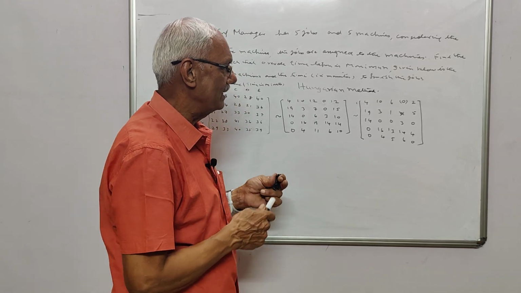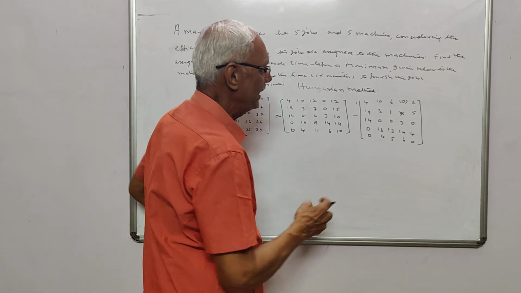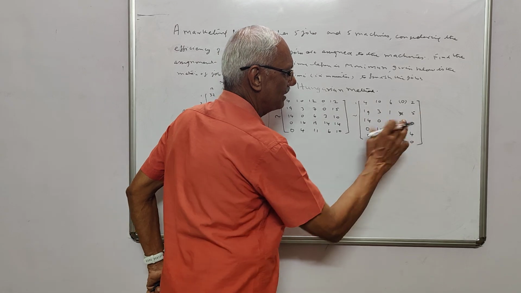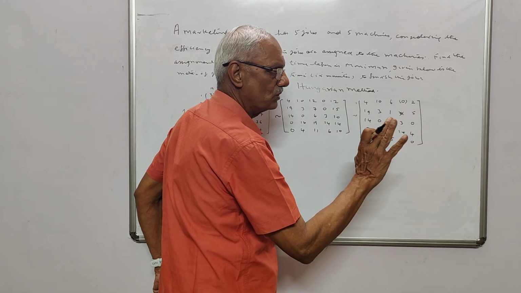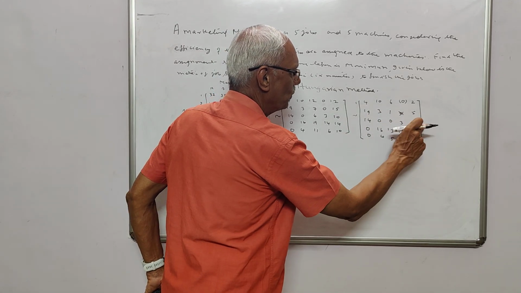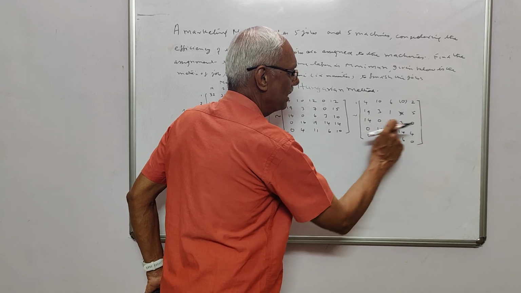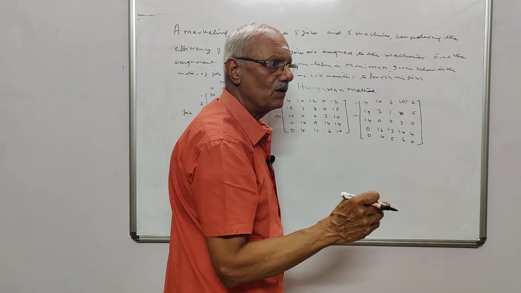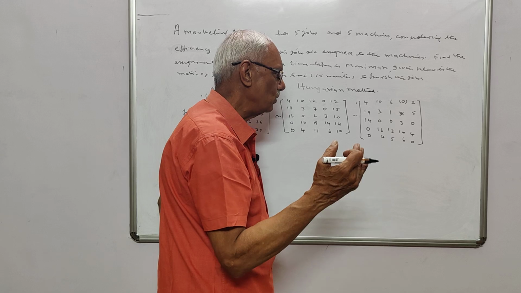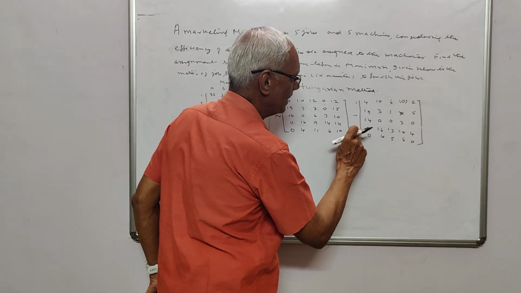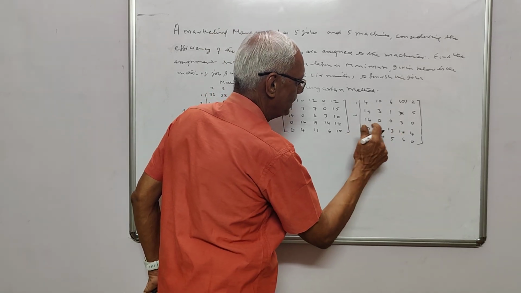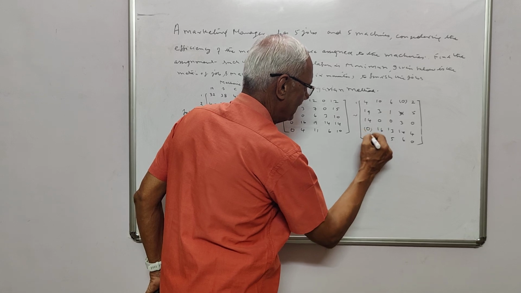Okay, now let us come to this. What do you find here? In the second row there are no open zeros. In the third row, you see that there are 3 zeros. You do not know which one to assign, so you leave it. Then come to this row, there is only one zero, so assign this.